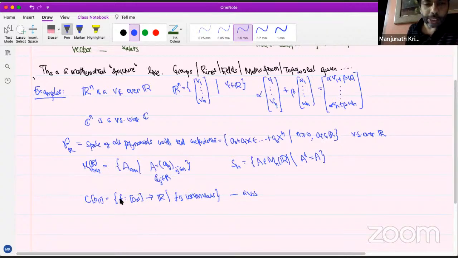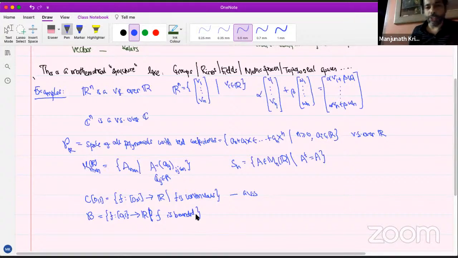You can add functions by adding them pointwise, and you can multiply. 2f means the function which gives the value 2 times f of x at x. So you suggested a different one. If you take all functions from 0,1 to R, that is also a vector space. But you had a different condition, f is bounded.